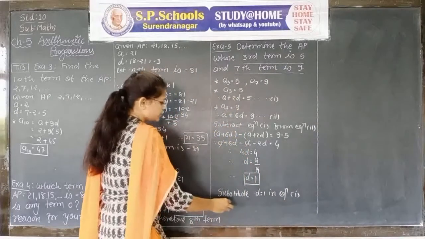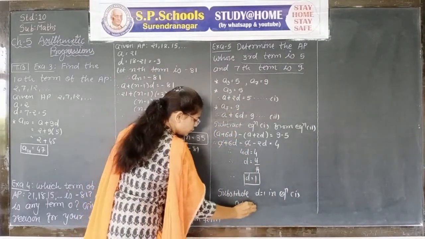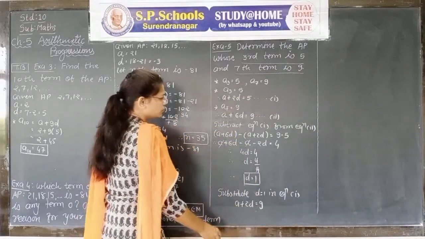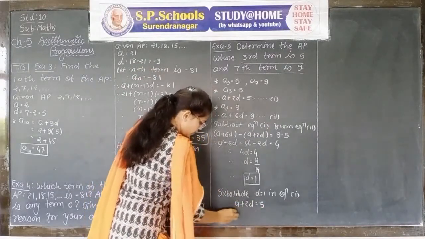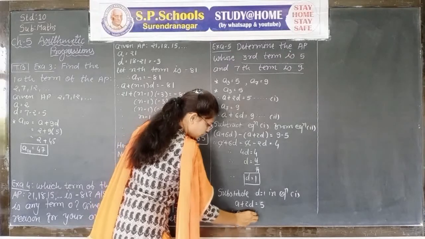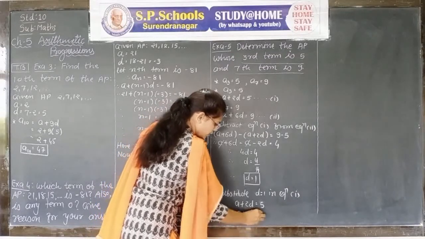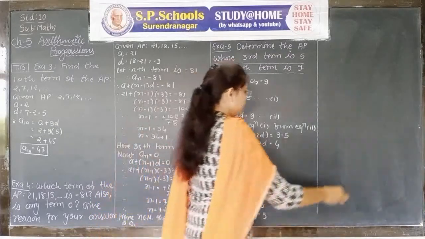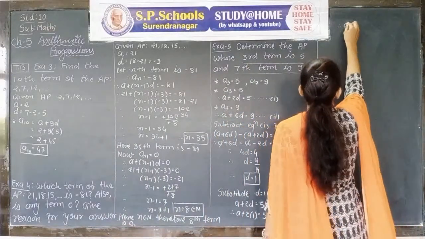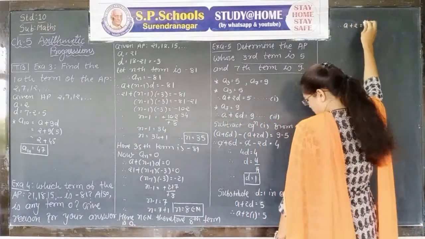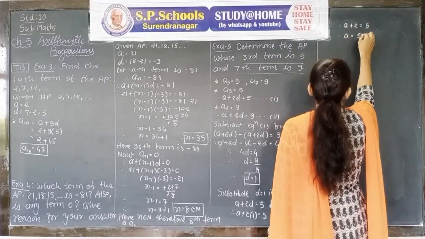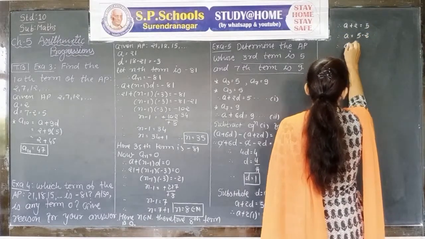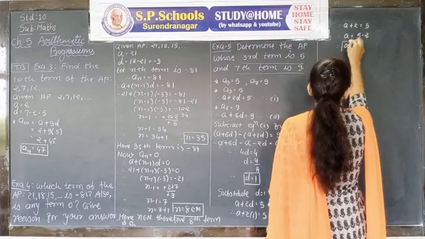Our first equation is a plus 2d is equal to 5, where a is as it is, 2 instead of d is 1, is equal to 5. a plus 2 is equal to 5. That's why a is equal to 5 minus 2. Therefore, a is equal to 3.